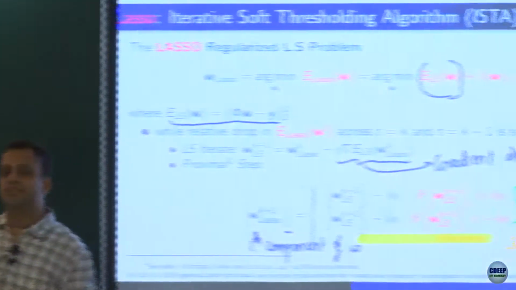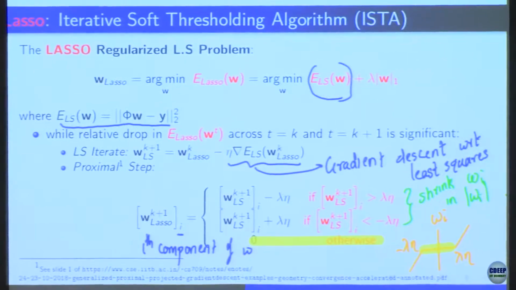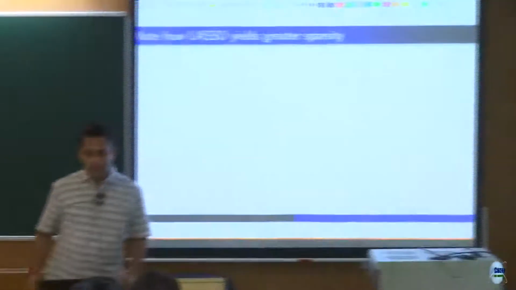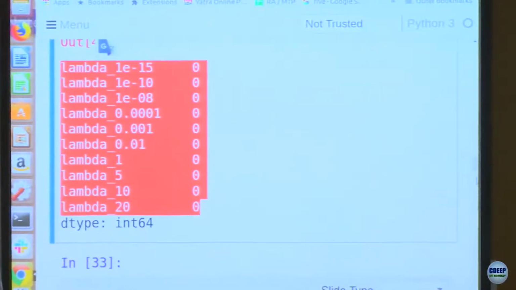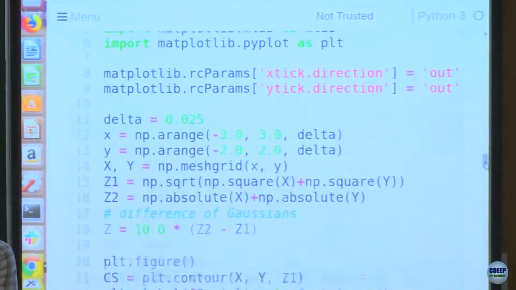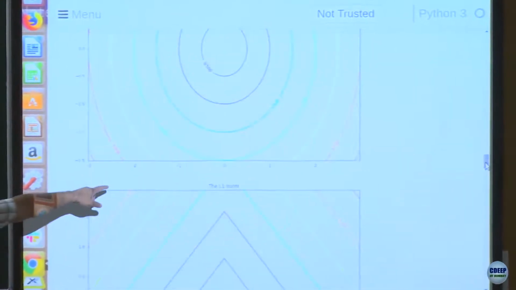Okay, so we have seen this in 3 different ways: level curves, the Bayesian estimation, and the algorithm also. Note how Lasso yields greater sparsity, and again I recap from the level curves I was talking about.